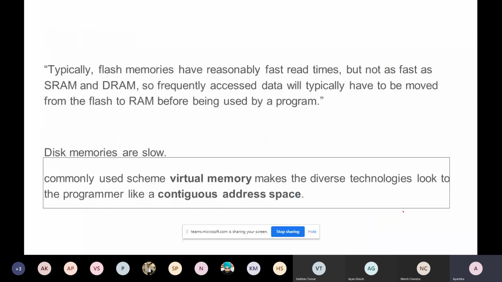But whatever happens, when you are writing a program as a software designer, and during its execution, from the programming point of view, we consider that our memory is contiguous. What does it mean?